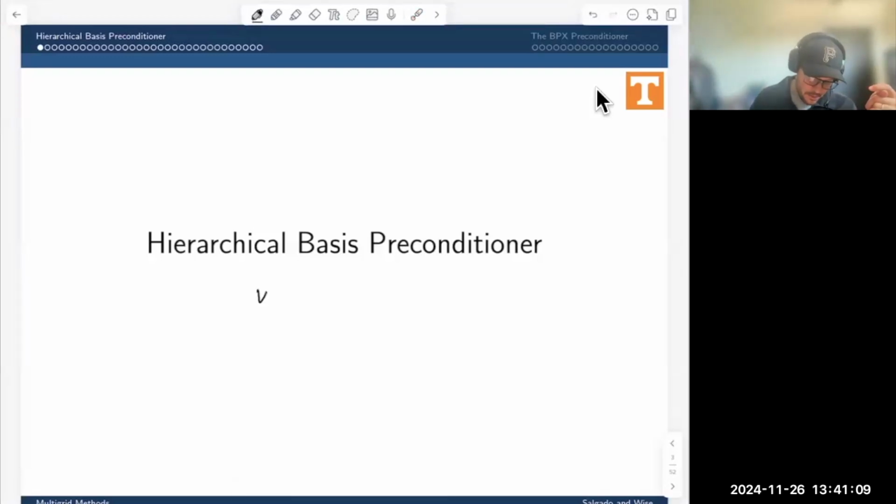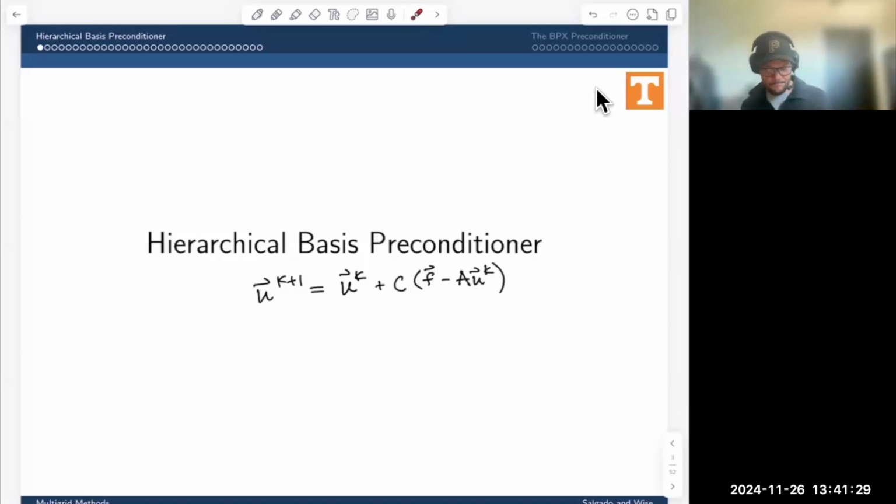So we said we know what an iterator is. Normally I would call the iterator B, but now we're changing to C because that's the notation we're using in this chapter. So why is this related to a preconditioner?